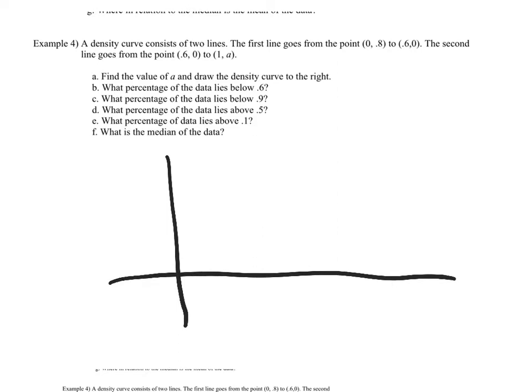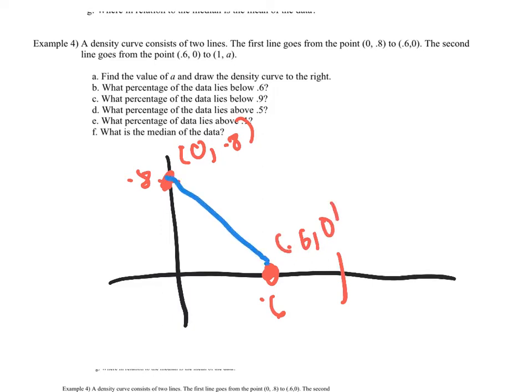So here's x is 0, here's 0.8 up here, so I'm going to put a point. The next point goes through 0.6, so if 1 was over here, then 0.6 is probably right here. I'll label those (0, 0.8) and (0.6, 0), and that line looks something like that.